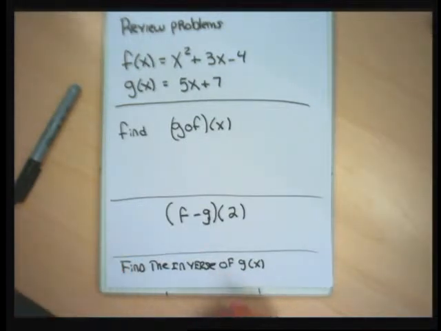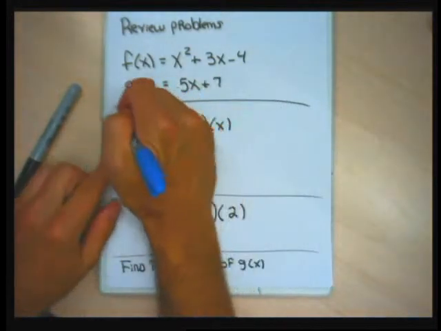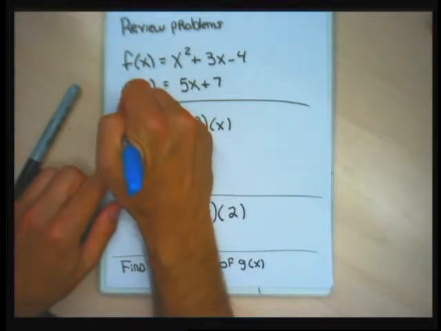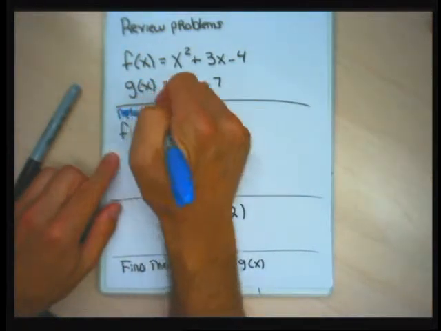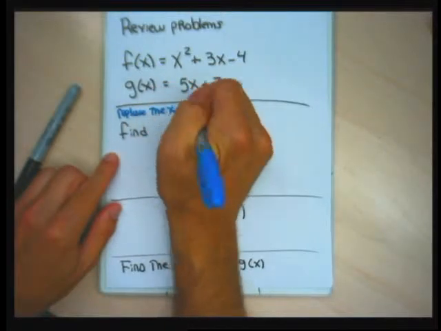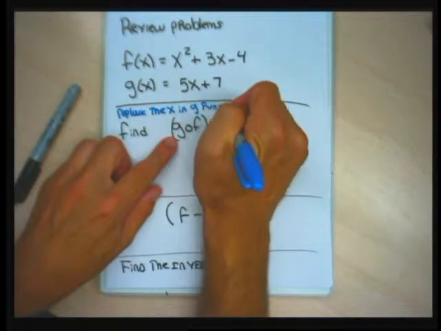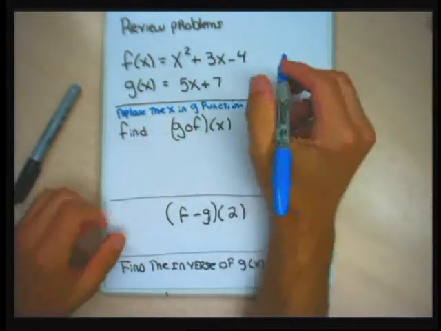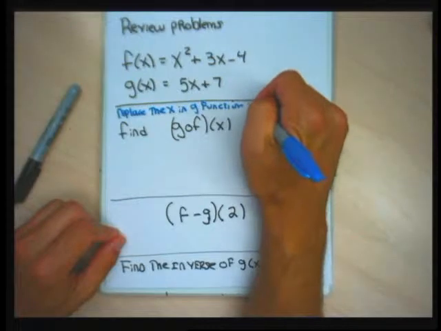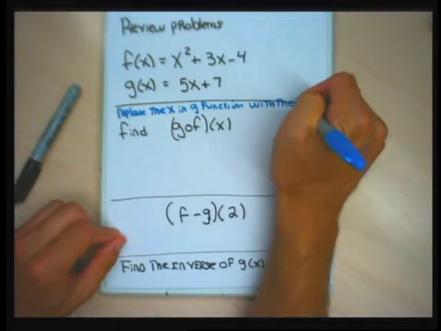So to do g composed with f of x, I have to replace the x in the g function, because it's written first, with the right side of the f function, the thing that's written after the open circle.